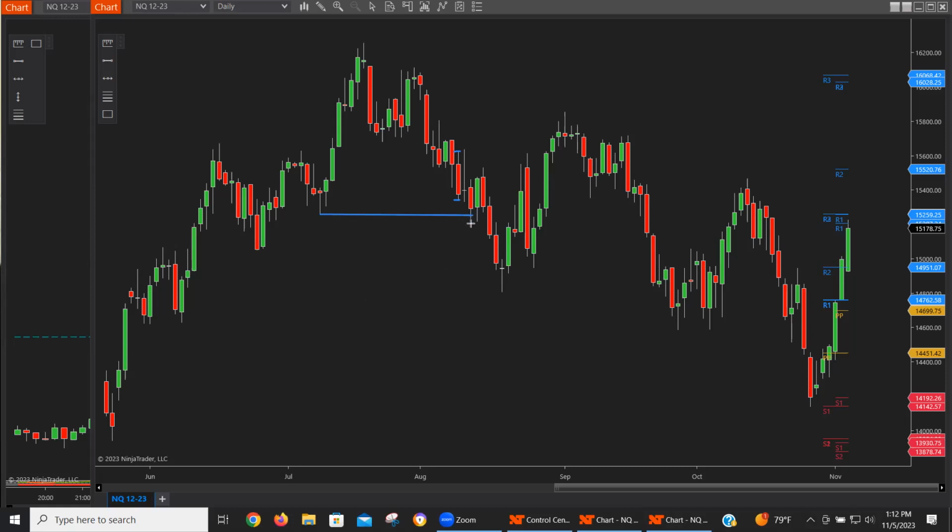Came back in, closed below, not closed, I'm sorry, it swept to get this liquidity, came back into the range, not necessarily of the previous day, but a range of here, this range, came back into that range to go up to now get this liquidity.